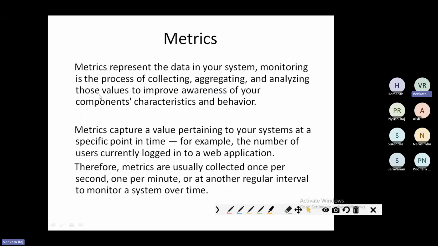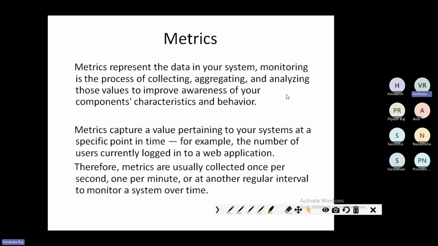So now, what is metrics? Metrics represent the data in your system. You collect the metrics, you monitor your system, and why are we doing the monitoring, guys? We are doing the monitoring to collect data, to collect the metrics, and by looking into those metrics, we will be able to know whether our application performance is in the right direction or in the wrong direction.